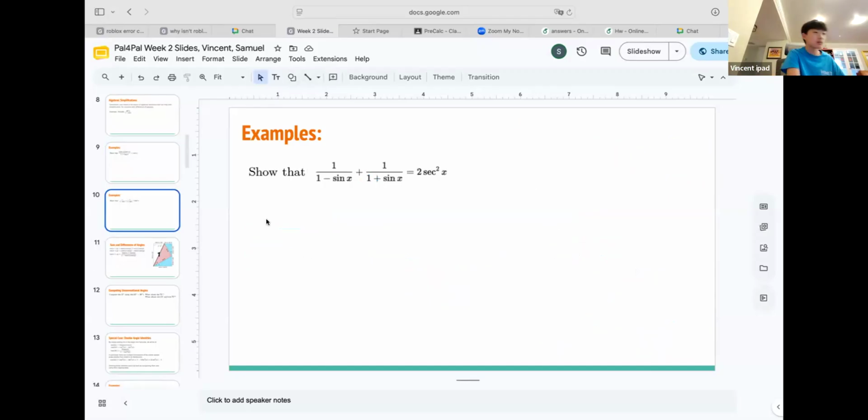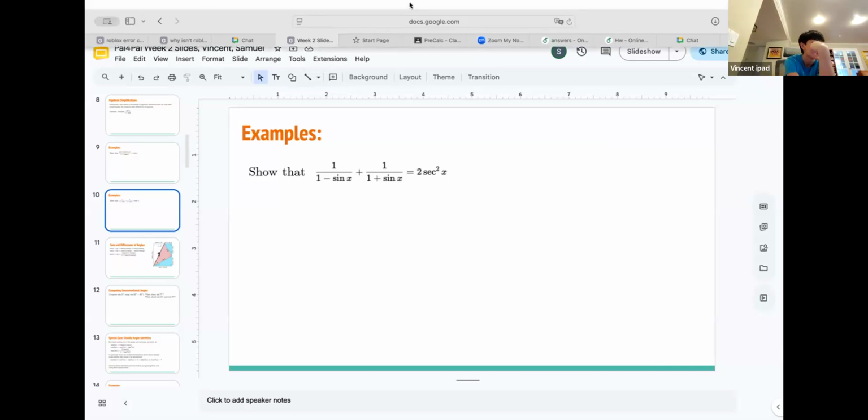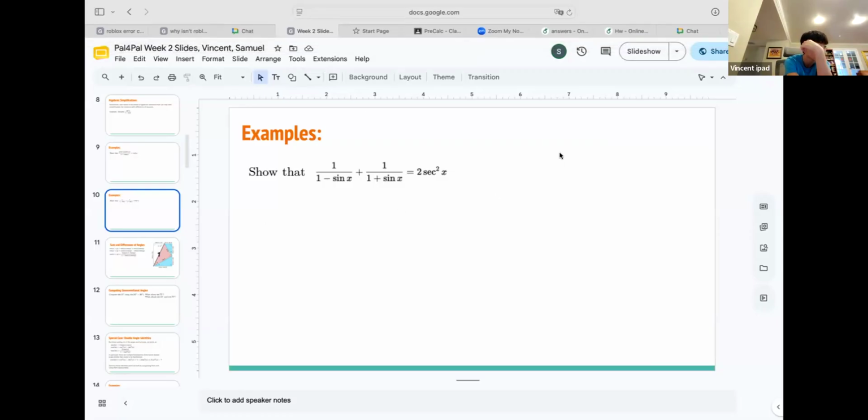Next problem. Does anyone want to solve this? If you get it, just DM me. I'll give you all a minute to solve it, and please send it to my DMs.